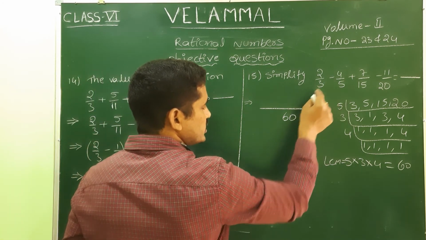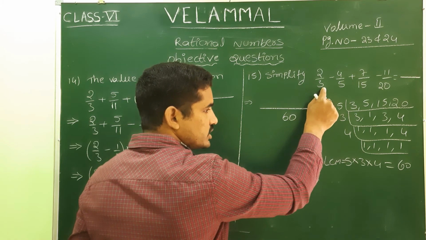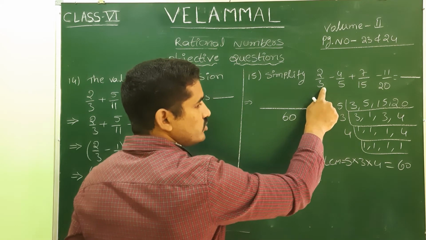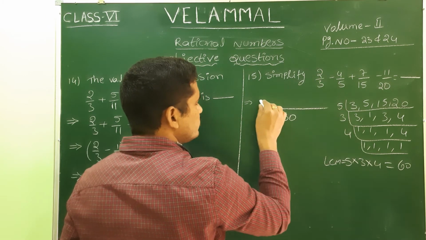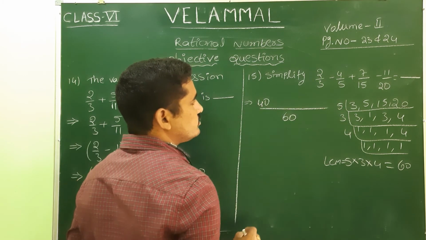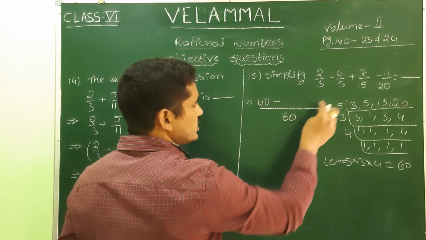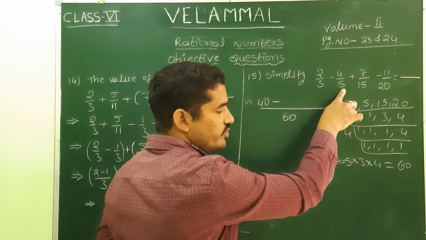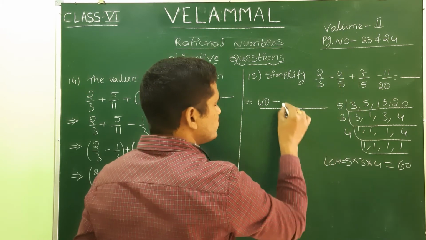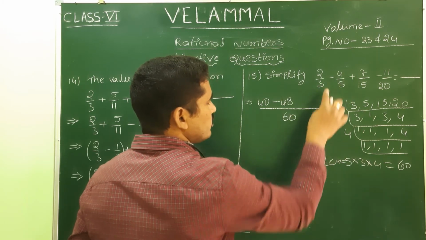So 60 divided by this denominator, 60 divided by 3, we will get 20 as the quotient. 20 into 2 we need to do, then we will get here 40. Minus 60 divided by 5 we need to do. If we do that, 12 we will get. 12 fours are 48. Minus 48.